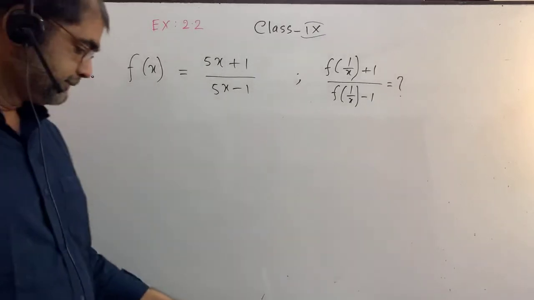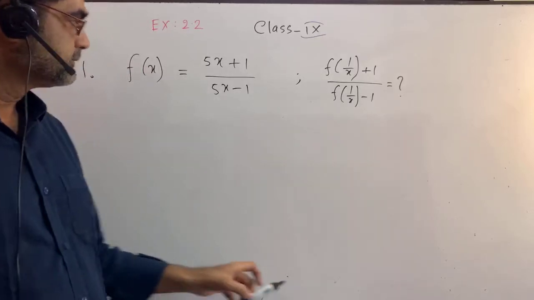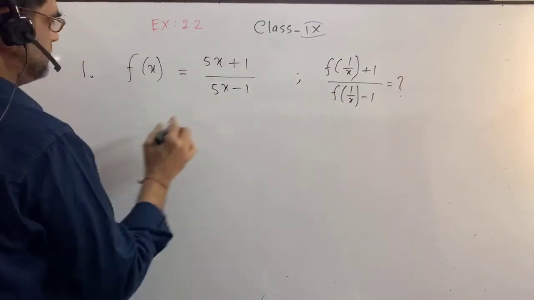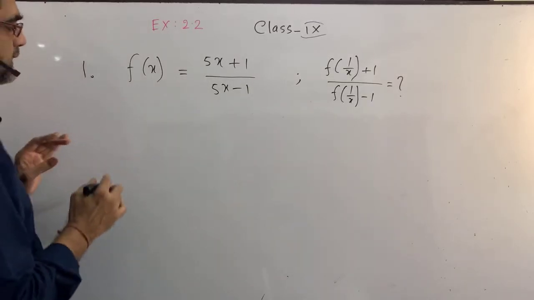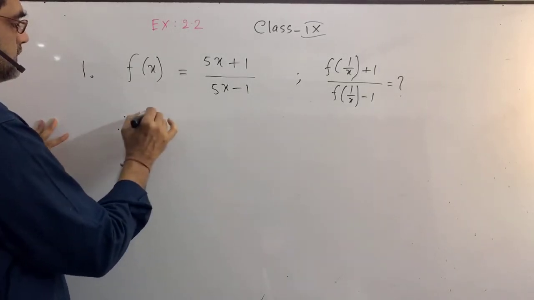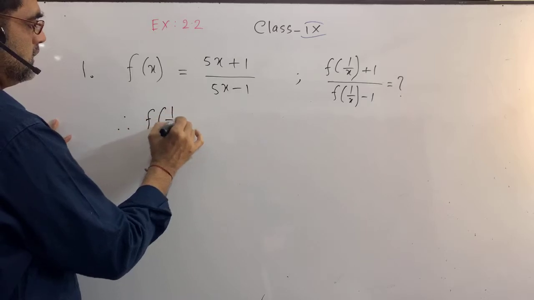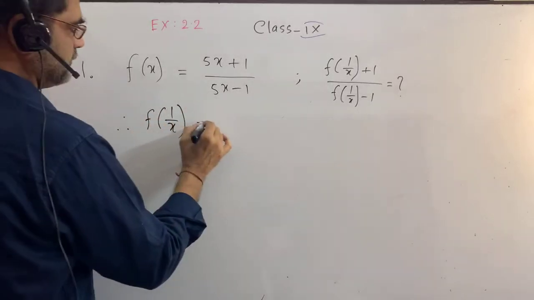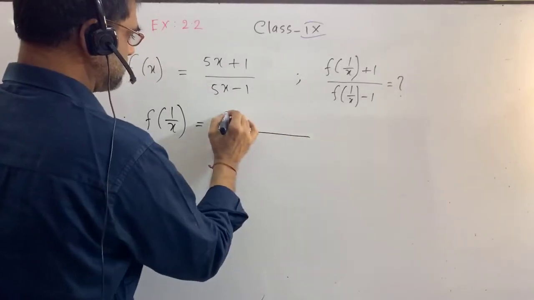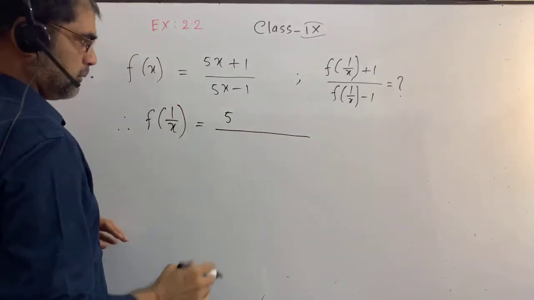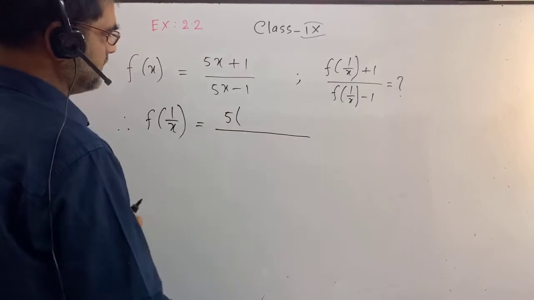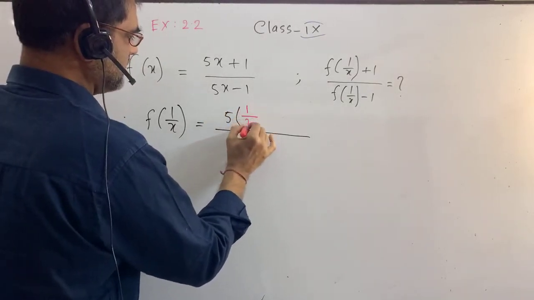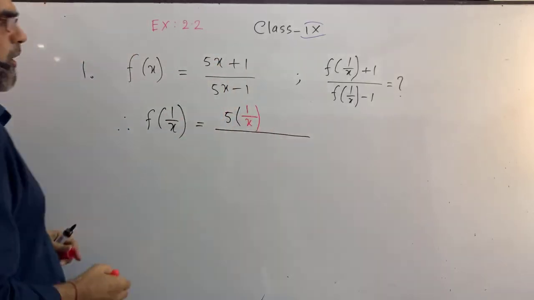Okay, you see, here we have to find, at first we have to find f of 1 by x. You write down, therefore f of 1 by x. Actually, what is meant by this? It is that for x we will write 1 by x. Nothing else. For x we will write 1 by x.